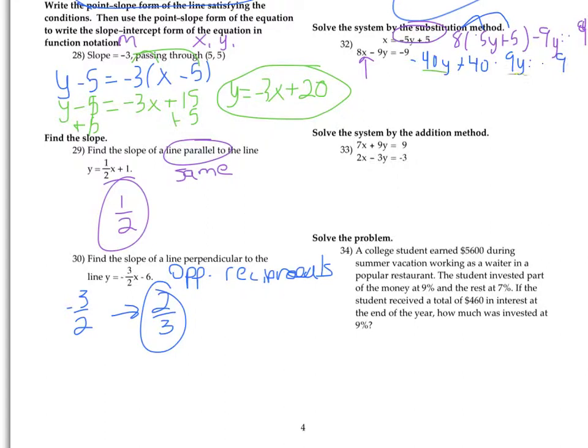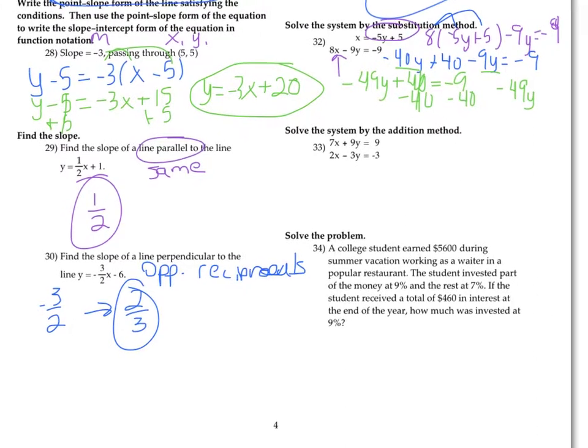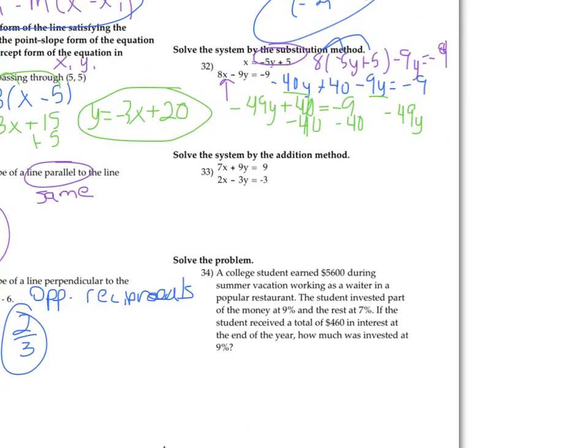Add your like terms here. So that's negative 49y plus 40 equals negative 9. Subtract 40, and we get negative 49y equals negative 49. I'm running out of room here, let's just go off the page. And so we divide by negative 49 on both sides. So we get y equals 1.